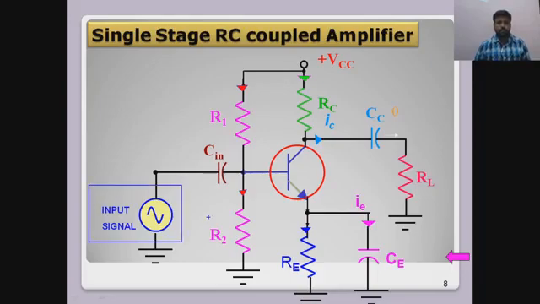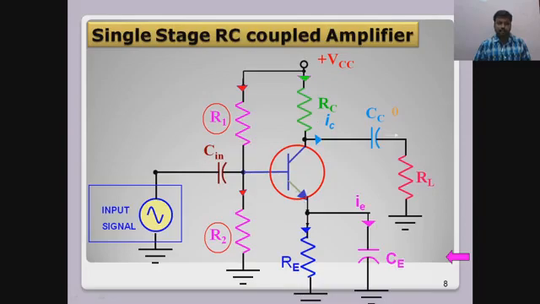the AC input signal is applied at the base of the common emitter transistor, and R1 and R2, these two are potential divider resistors, the biasing resistors.